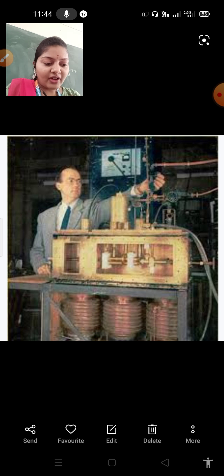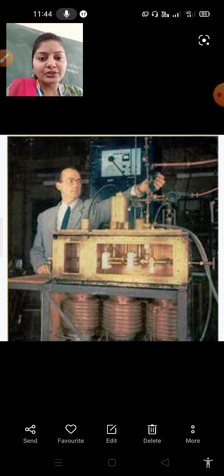By using this device, he amplified the microwaves, because the name itself says maser means microwave amplification by stimulated emission of radiation. Charles Townes used the maser concept to amplify microwaves by using the ammonia molecule in the year 1951. This is the story about maser.